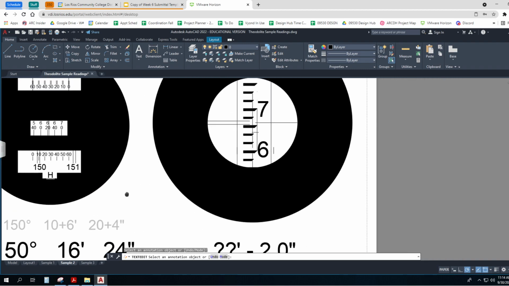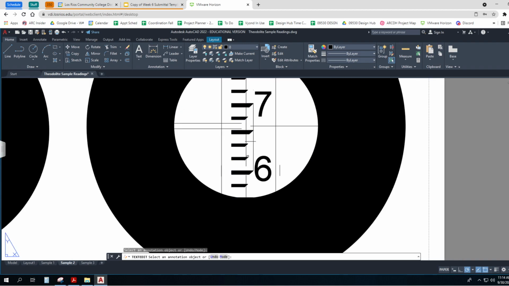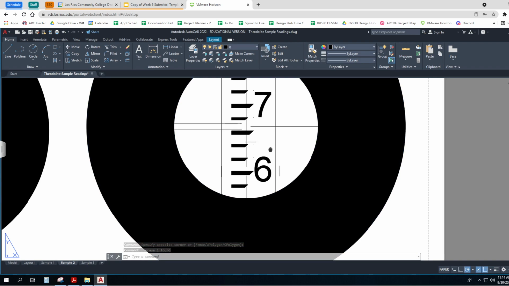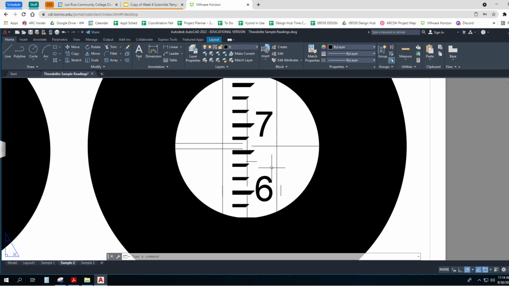Let's see what I've got over here. So now, oh, I got an extra line in here, sorry. I have it on the last one too. So now, what do I have? There's 6 inches and 7 inches.